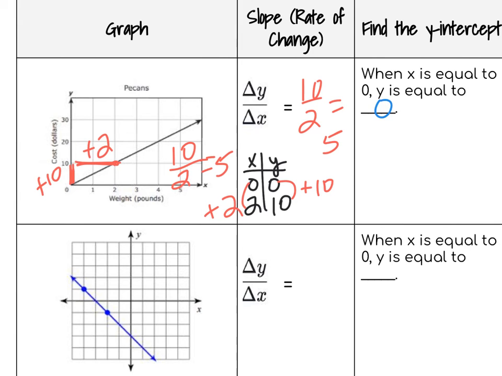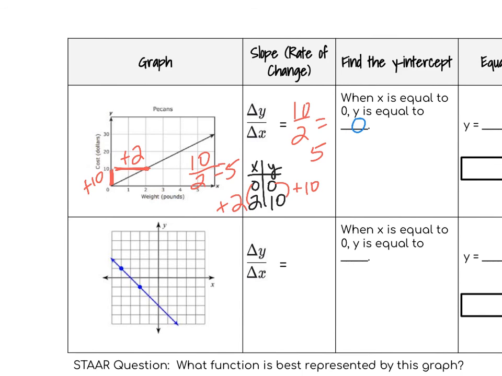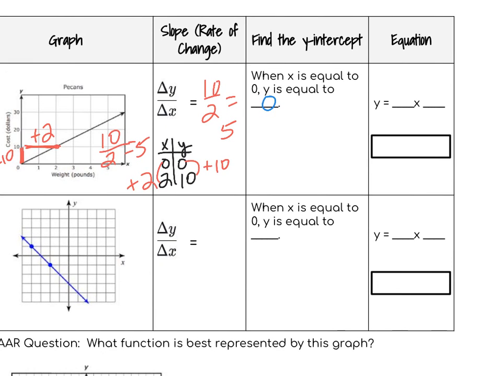So we start right there at the origin. If I buy no pounds of pecans, I spend no money. Okay, alright, so let's go fill in our equation. So again, mx plus b, which gives us y equals 5x. Because I'm not going to write plus 0, we're just going to write 5x.